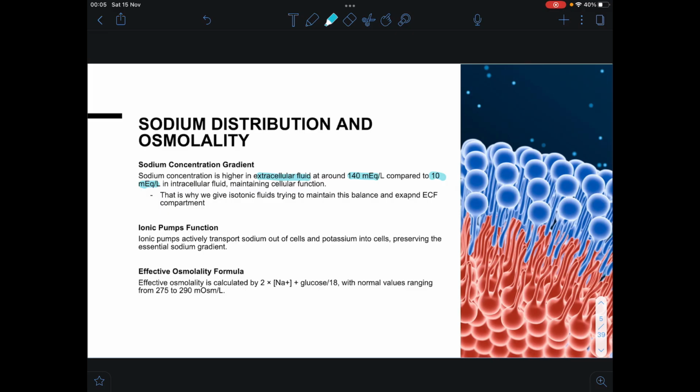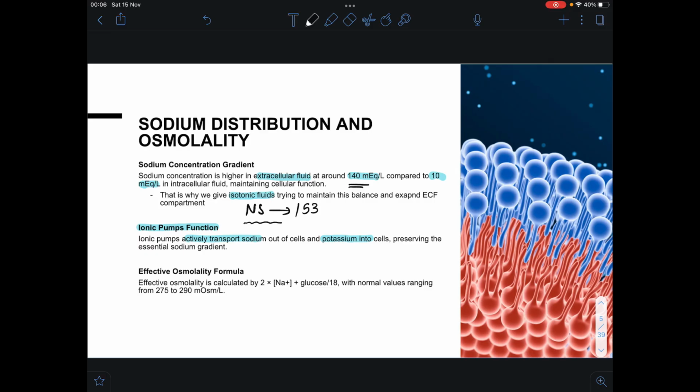The reason for this is that there are ionic pumps actively transporting sodium from inside the cells to the outside, and making potassium enter the cells. And this is the reason why we give isotonic fluids. Isotonic fluids, like normal saline, have sodium levels close to 140, I guess about 153 milliequivalents or something like that.